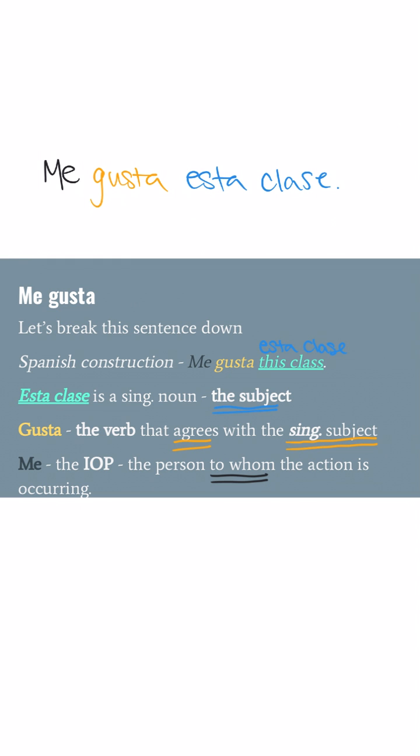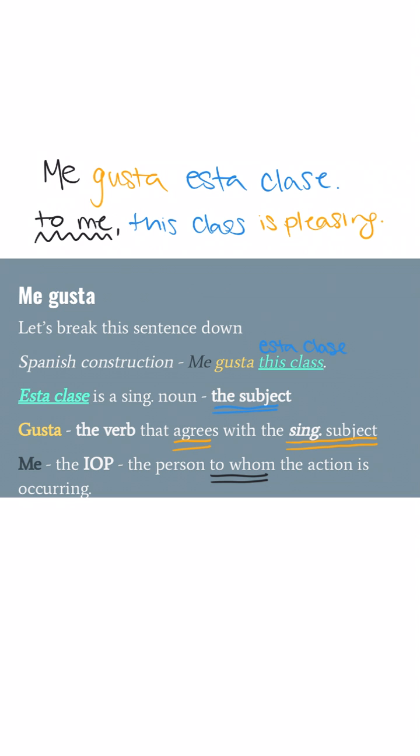Now, it's important to note that the blue, "esta clase," is the subject, because if I were to write this out in English, verbatim, as what we have here, it would be, right, "to me, comma, this class, and finally, is pleasing," right? So I know for a fact that "me," or "to me," cannot be the subject ever, right?